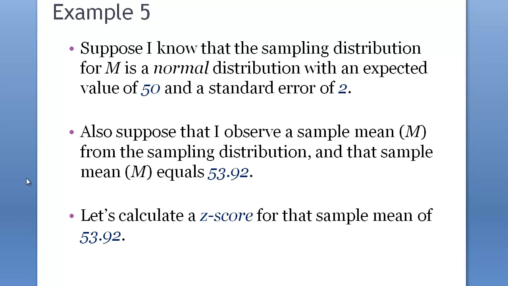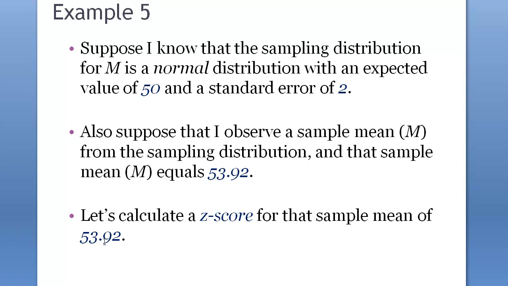Okay, so example 5. Suppose I know that the sampling distribution is as described before. So let's calculate the z-score for the sample mean of 53.92. That's the actual calculated mean for this sample, right?